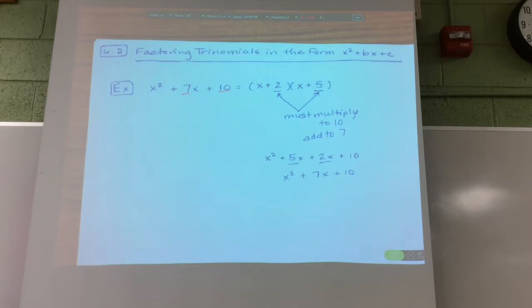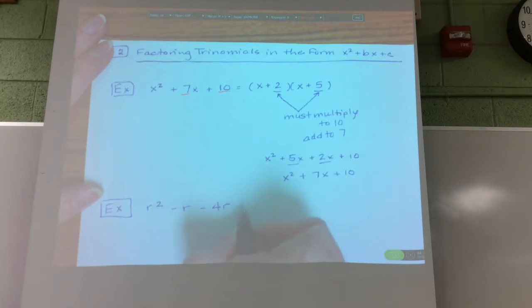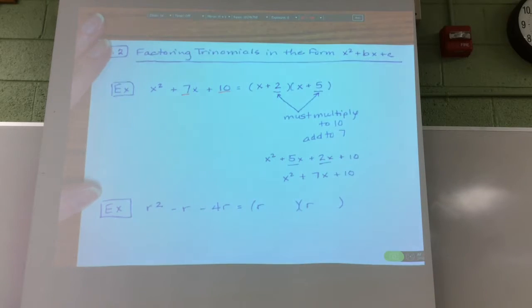Now, a lot of times what can make this a little bit more difficult is when you have some negatives involved. So here is an example. I have r squared minus r minus 42. Again, it's going to look like this, and same as before, r and r go here.